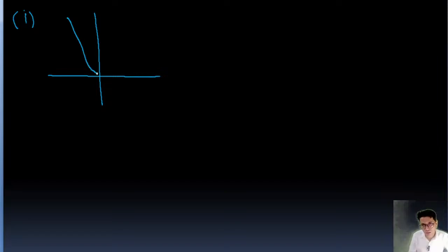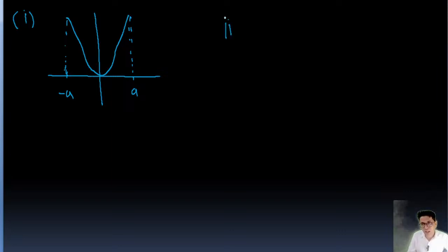Okay, so this is the 1D harmonic oscillator, right? And this is A, and this is minus A. These are the classical points for this 1D harmonic oscillator, the full harmonic oscillator.